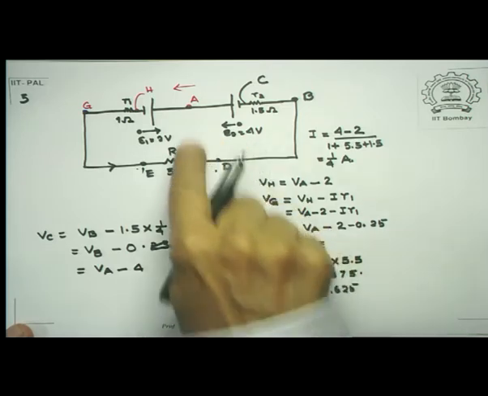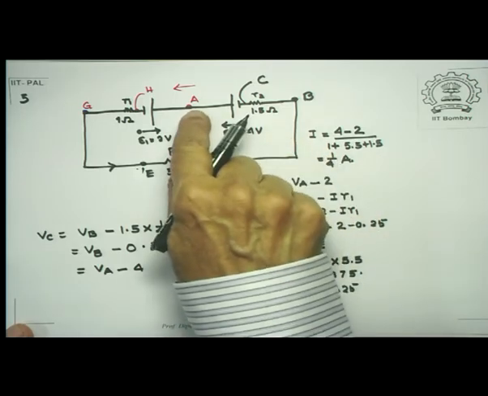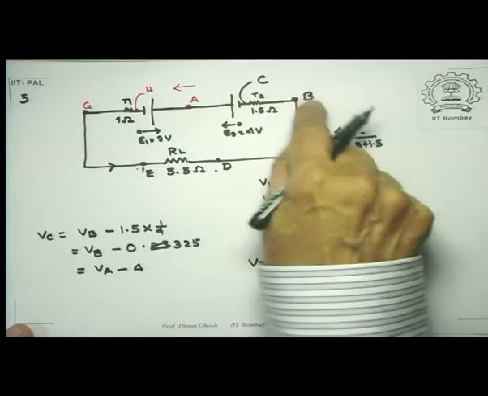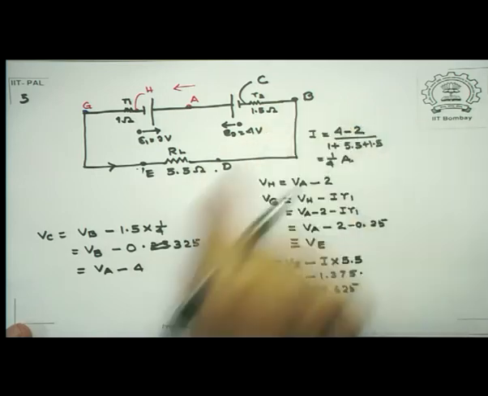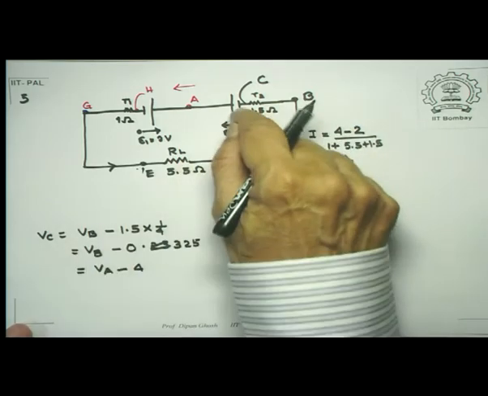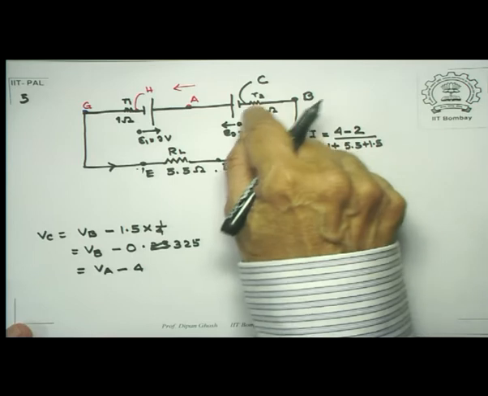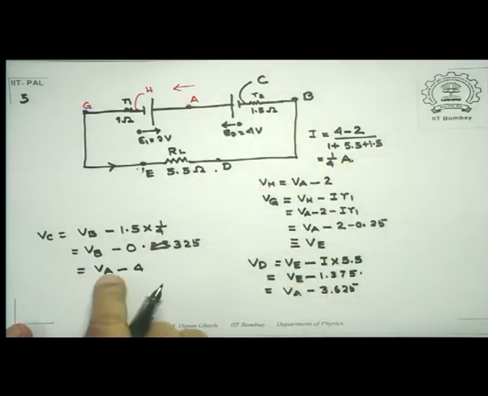So that gives you the difference between these 2 points, that is Vc and Va. And then of course, if you want to come back to A, then you increase the potential by 4, so you are back to A.